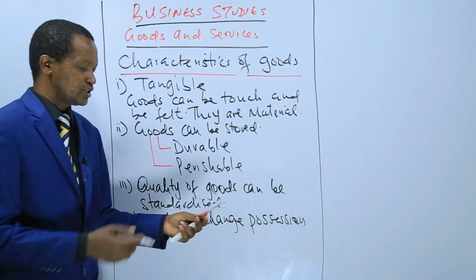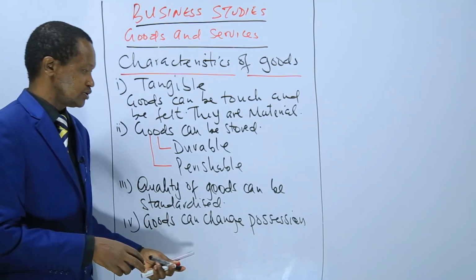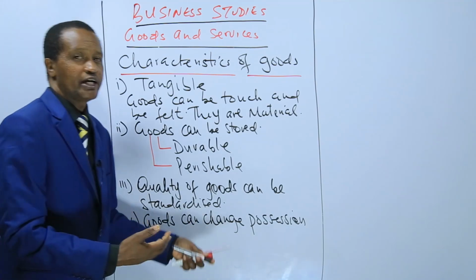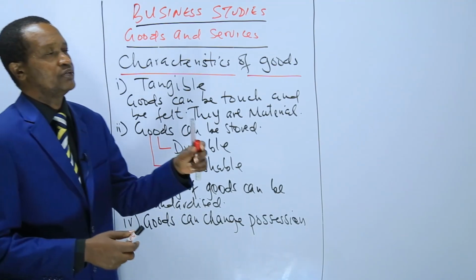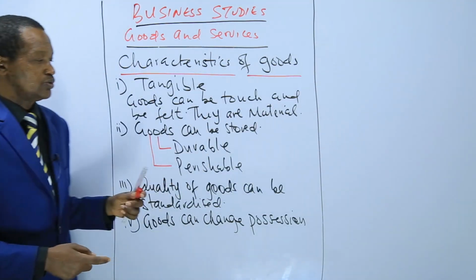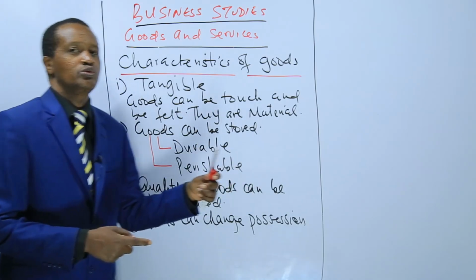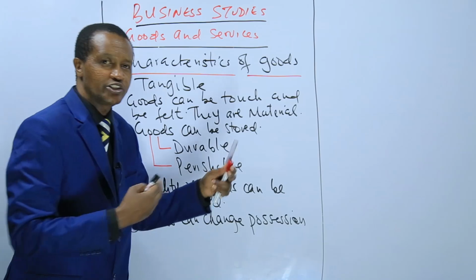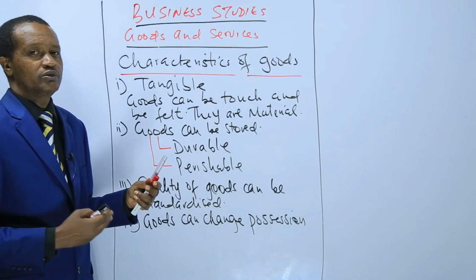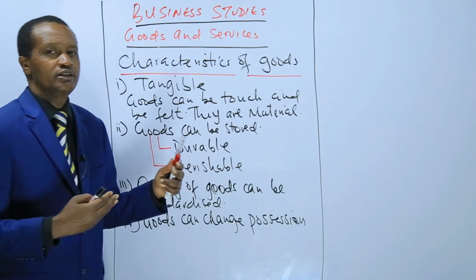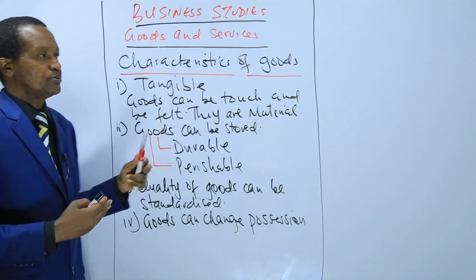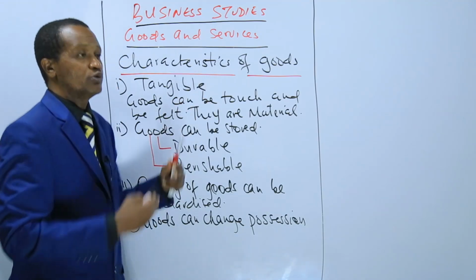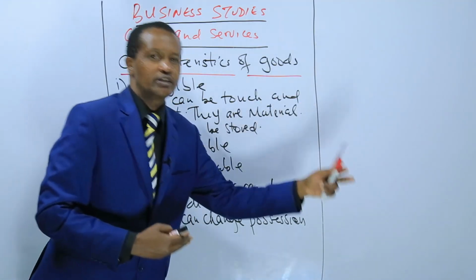Changing possession means I may have the goods today, and someone else may have the same goods tomorrow. This can only happen through trade. All right? Trade is the exchange of goods. So through trade, goods can change possession and ownership from one person to another.